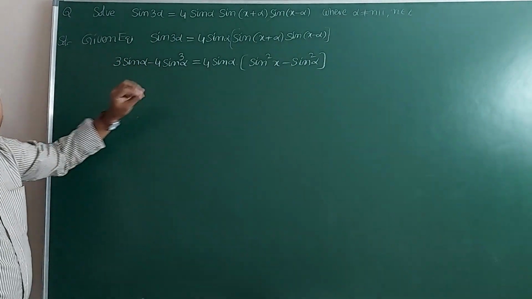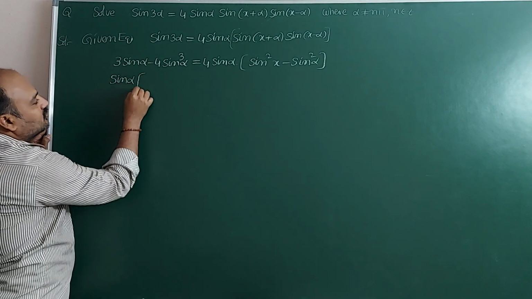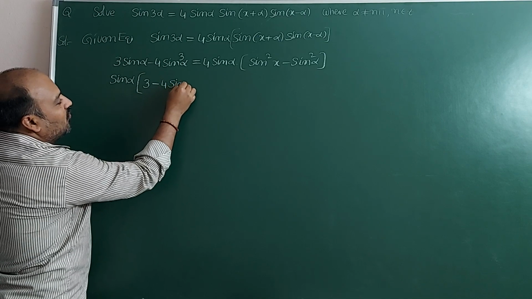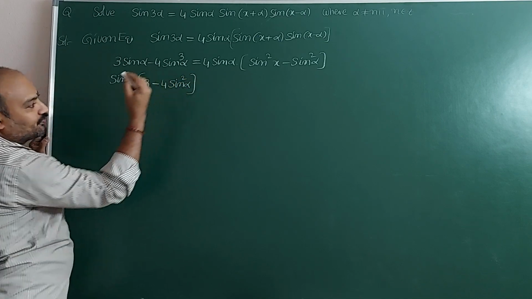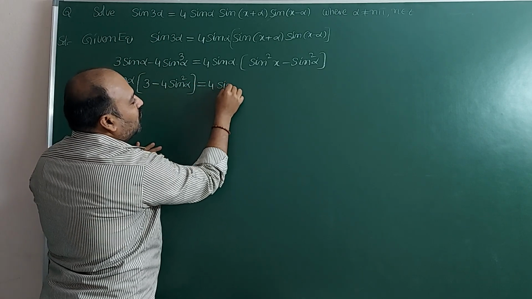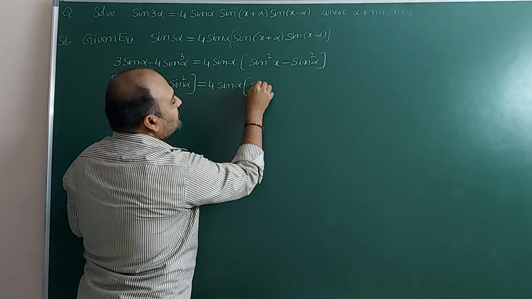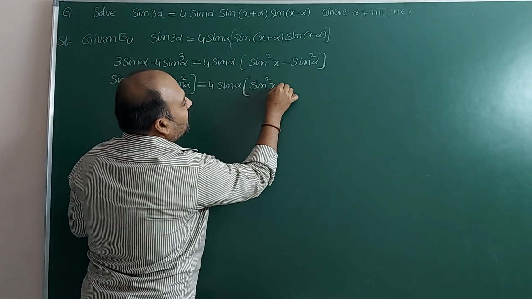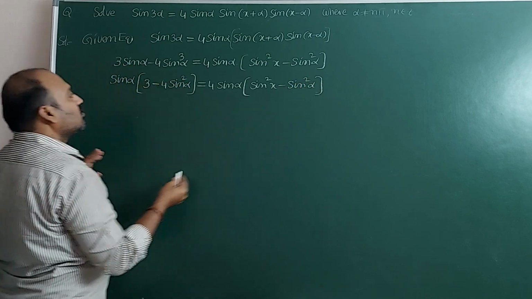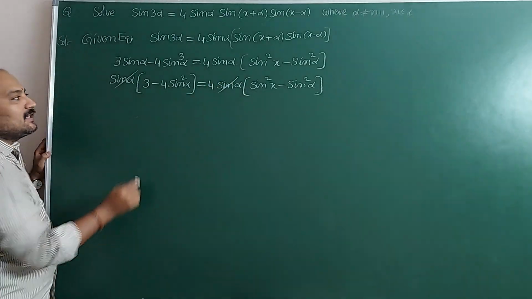From these two, I am taking sin α common. So what are the remaining terms? 3 minus 4 sin square α is equal to 4 sin α into sin square x minus sin square α. Both sides sin α will be cancelled.